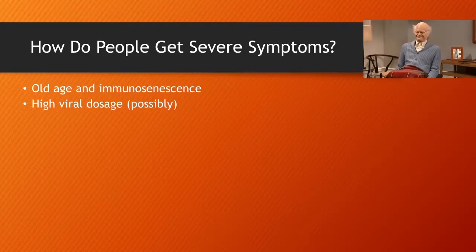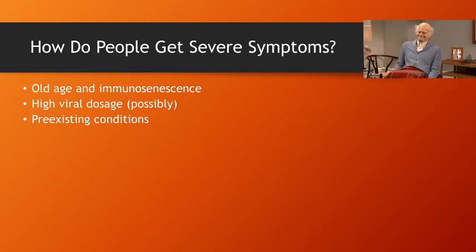So we have to go by animal models on this. It's a possibility. It hasn't been tested on animals with SARS-CoV-2, but it has been shown with quite a few endemic viruses in their specific species.